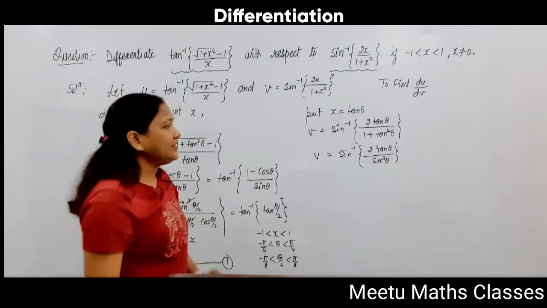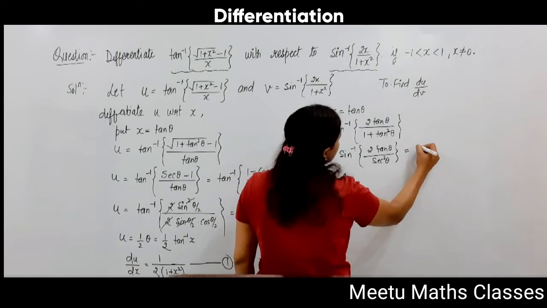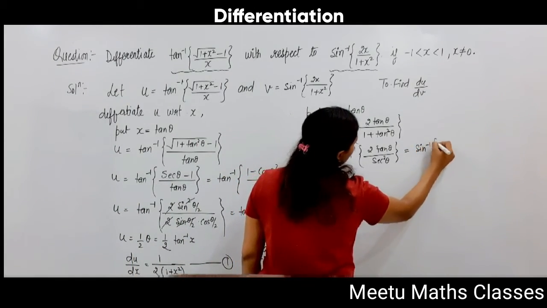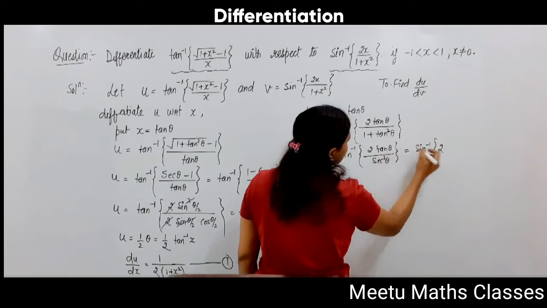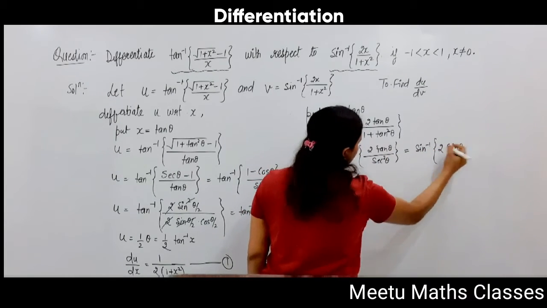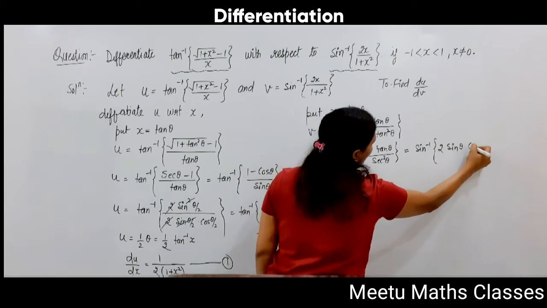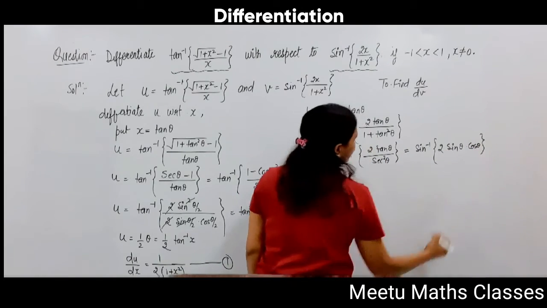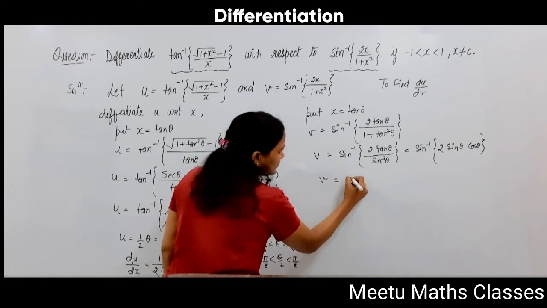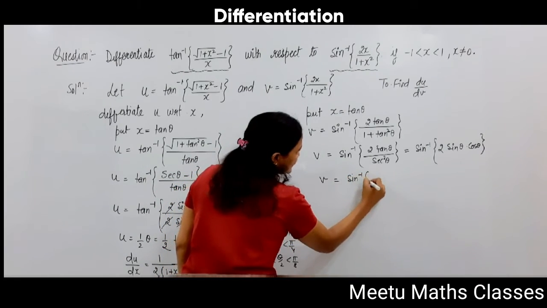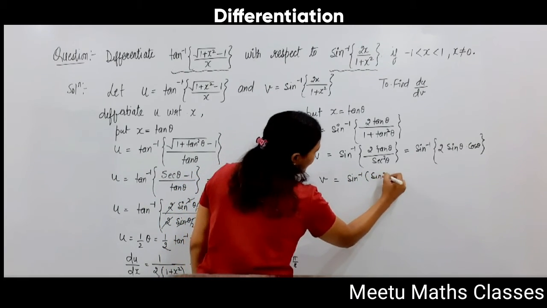Now by converting tan and sec square in sin and cos, we get sin inverse of 2 sin theta, and one cos will cancel out, into cos theta, which gives you sin inverse of sin 2 theta.